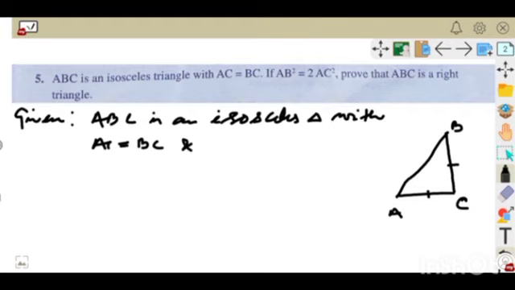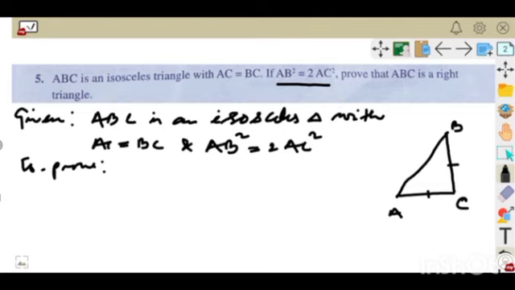And what is the next? We have here AB square equal to twice AC square. Next, we need to write here to prove. We have to prove that ABC is a right angle triangle. So let me write here ABC is a right angled triangle. Then next we have here proof.